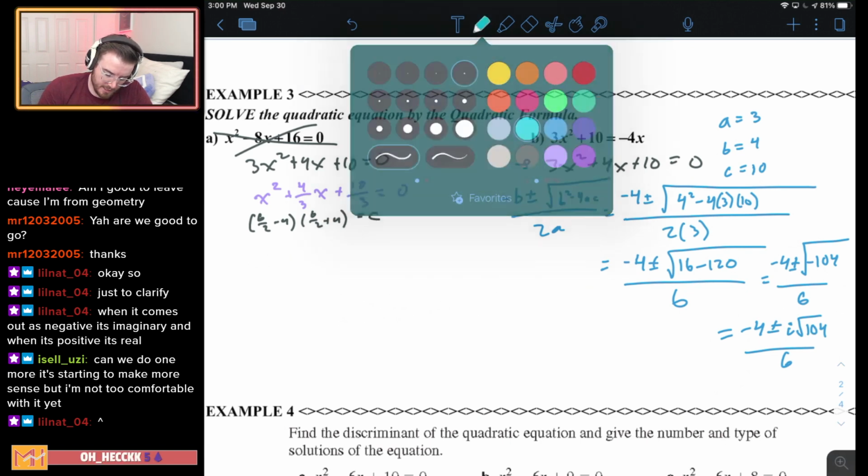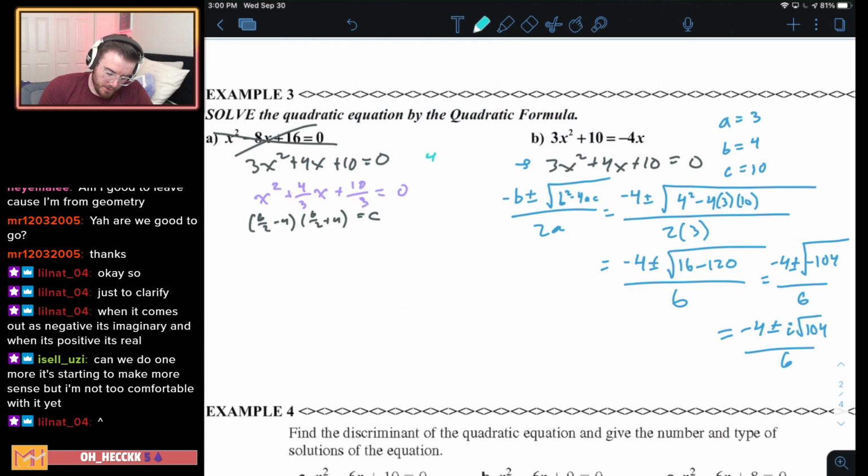So in this case, 4/3 times a half is 4/6. So half of 4/3 is 4/6 minus u, 4/6 plus u equals c, which is 10. Then I multiply those together and I get 16 over 36 minus u squared equals 10.